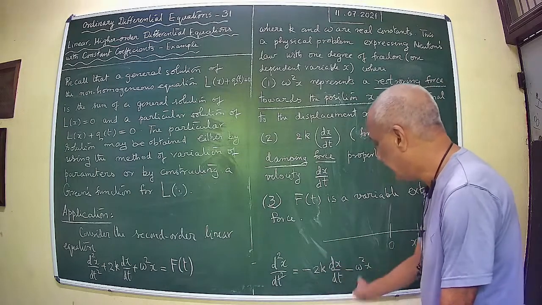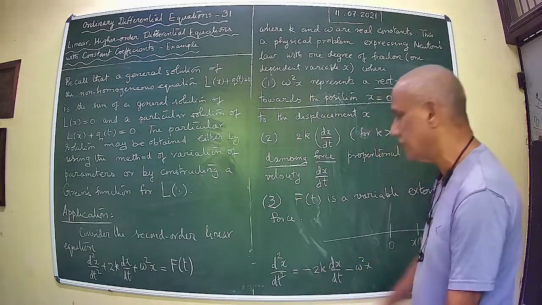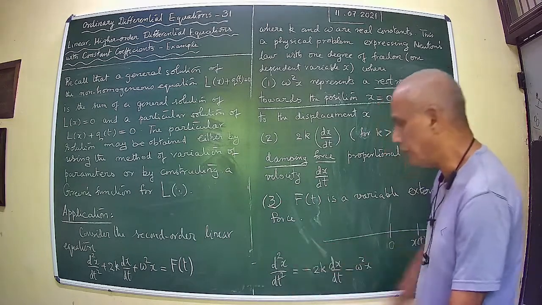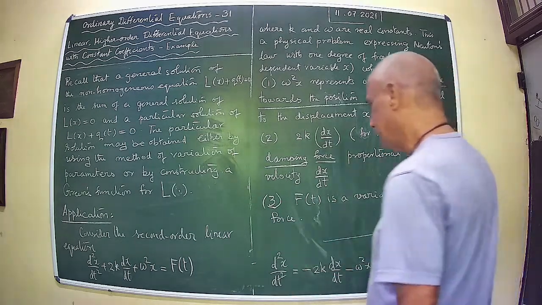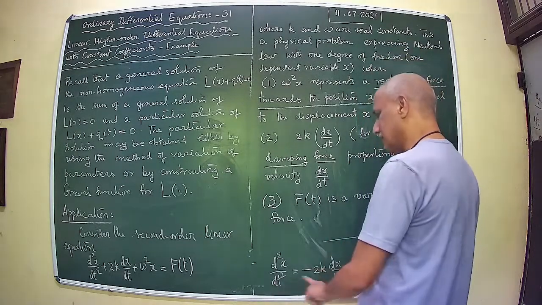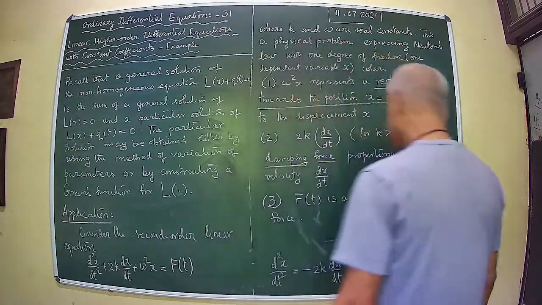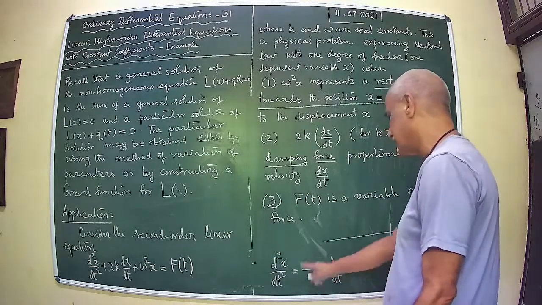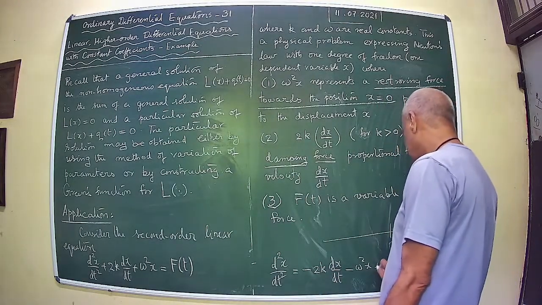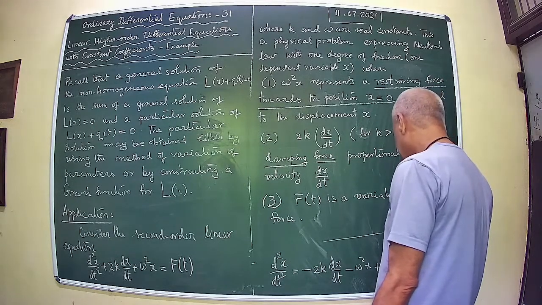When dx by dt, the velocity increases, this is also a negative force whenever k is positive. This is what is called the damping force. Okay. So what happens is, you see, you have a sort of built-in resistance that works within, and this corresponds to that. And then you have an external force acting on the system.